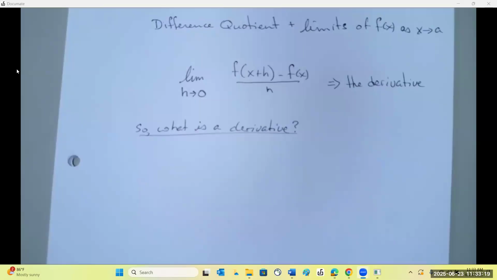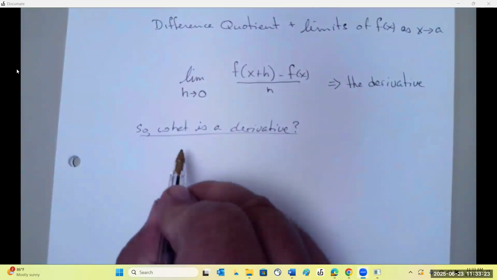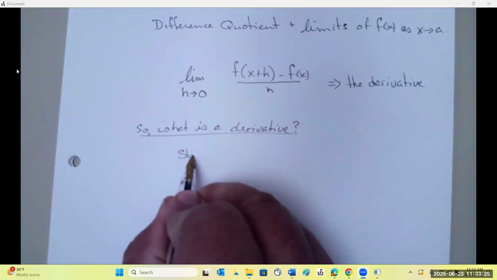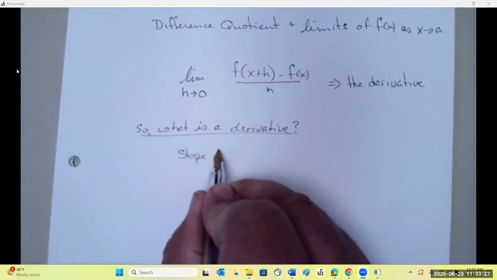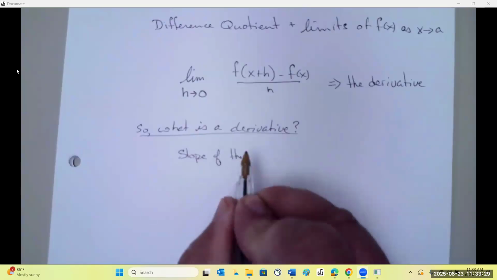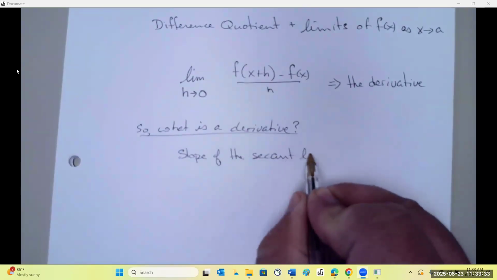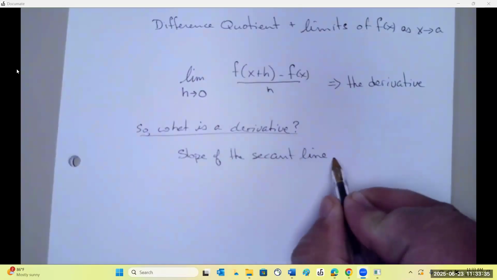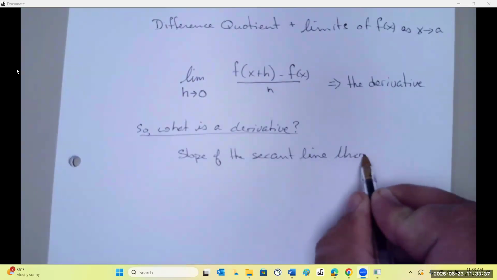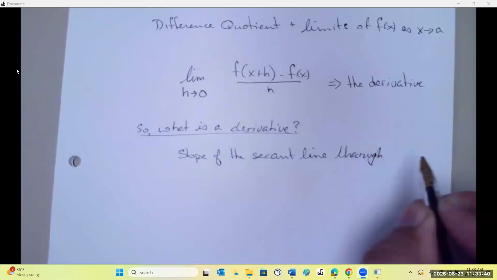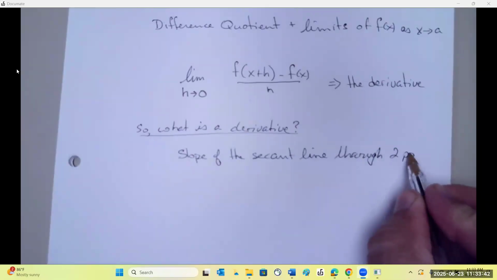Slope of what? Well, originally, we started off with the slope of the secant line through 2 points.